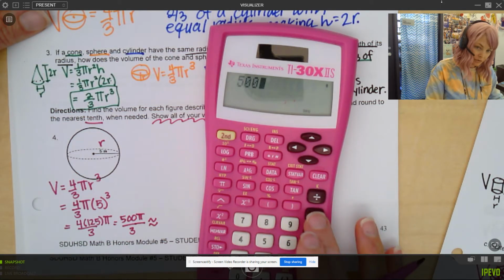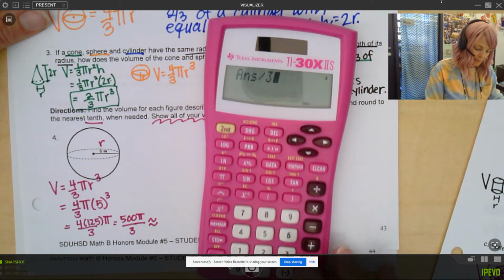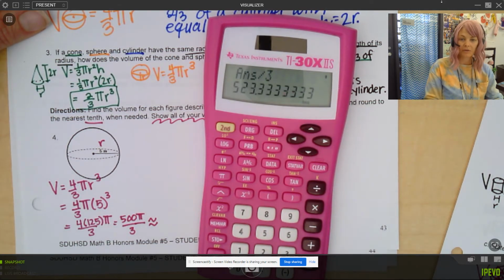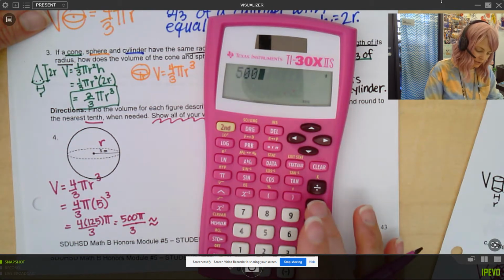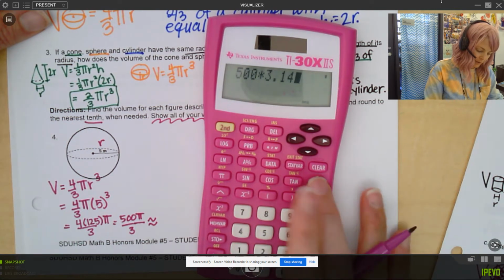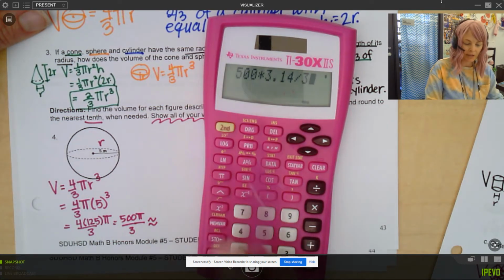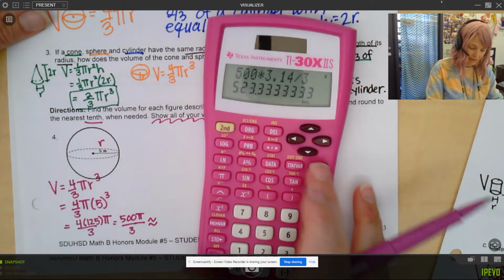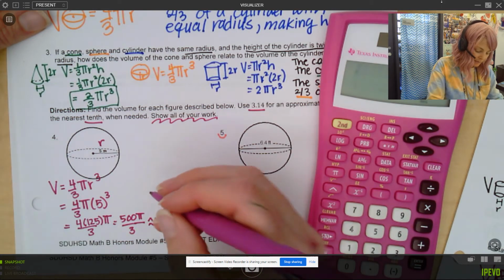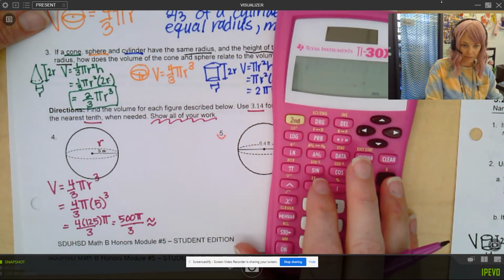Or if you had 500, you could always multiply that by 3.14, press equals, and then divide by 3. Be really careful with your calculator because it does not do order of operations. If I said 500 times 3.14 and then divide by 3, it's actually going to do this division first and then multiply, and you're not always going to get the right answer. So in this case, it was okay, but we just really want to be careful with it.